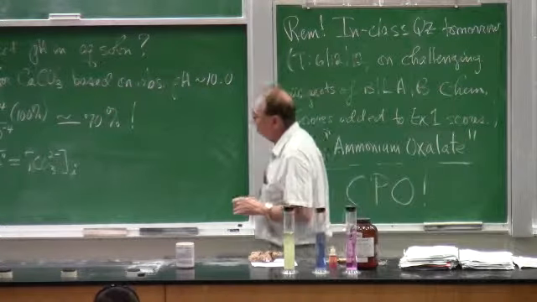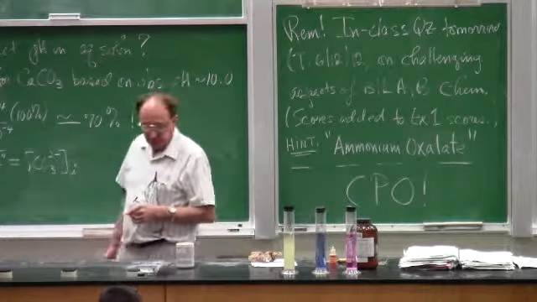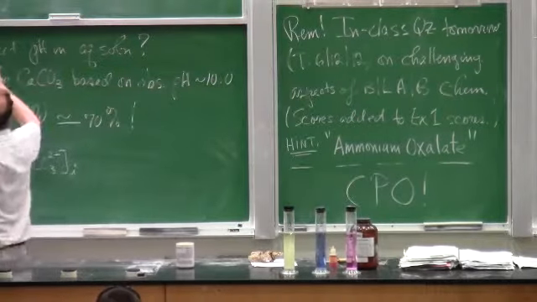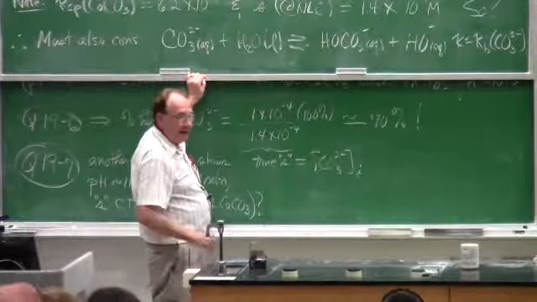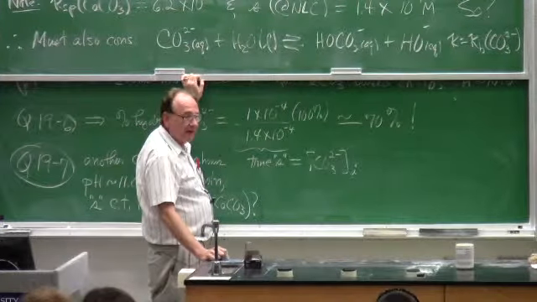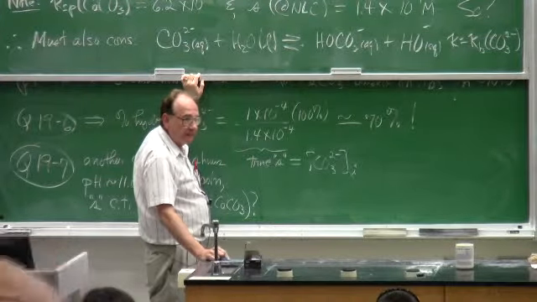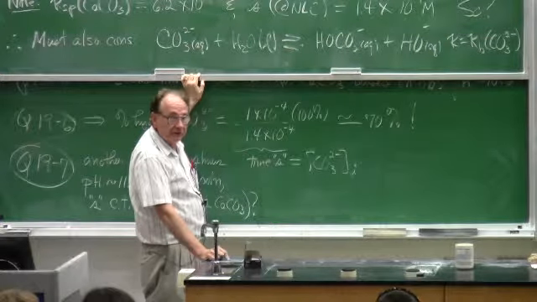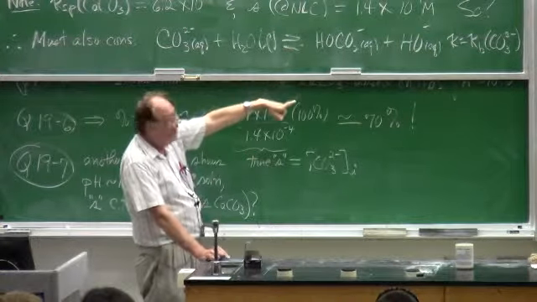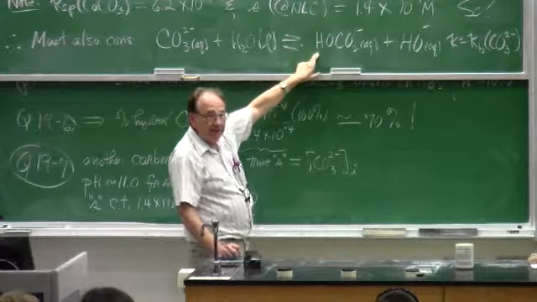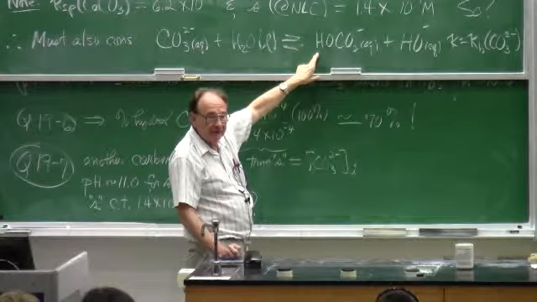In any case, notice that from this equilibrium reaction, if we have got a hydroxide ion concentration on the order of 1 times 10 to the minus 4, because that corresponds to the pH of 10.0, then we also have a bicarb concentration on the order of 1 times 10 to the minus 4.